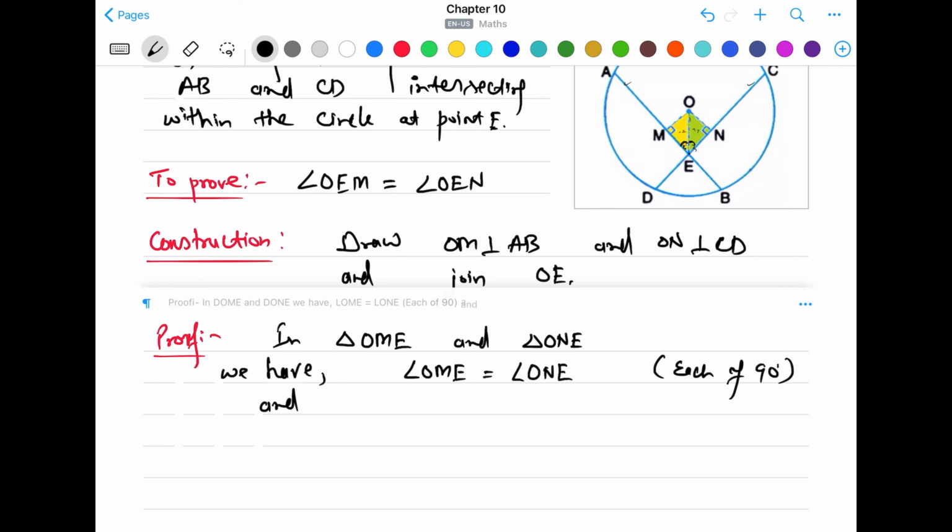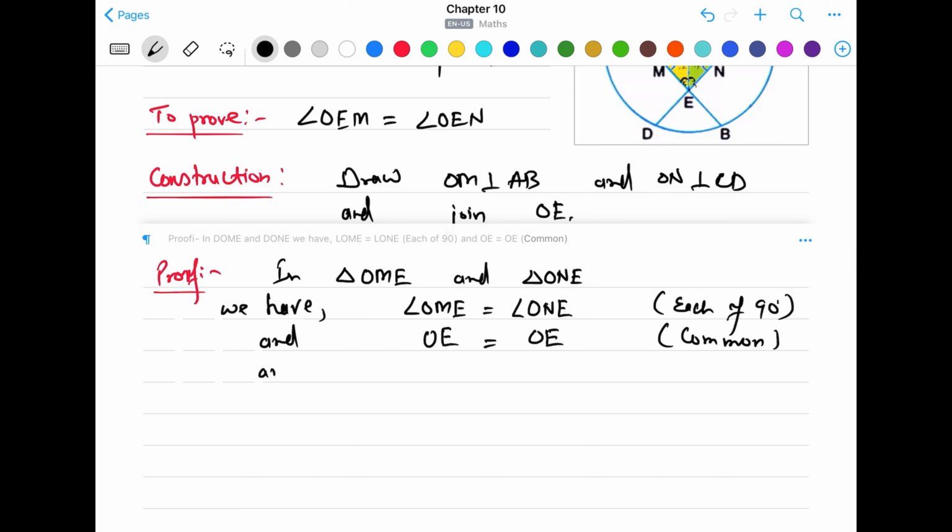Okay, and since this chord AB and CD are equal, so the distance from the center, that is OM and ON, will be equal. Okay, so first we are going to write OE is equal to OE, this is common, and OM is equal to ON.